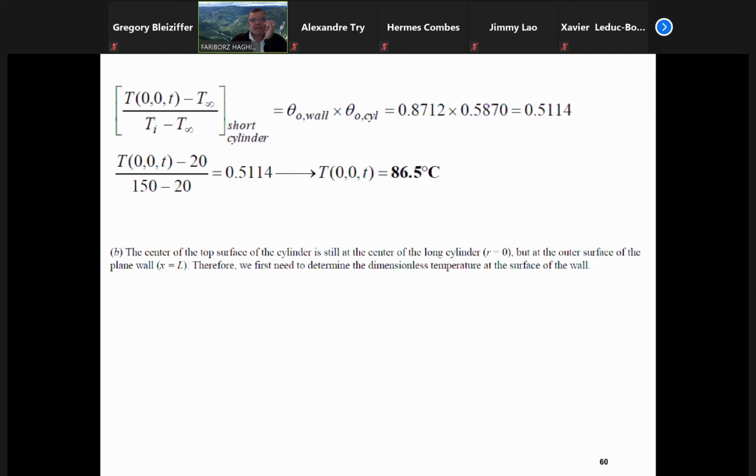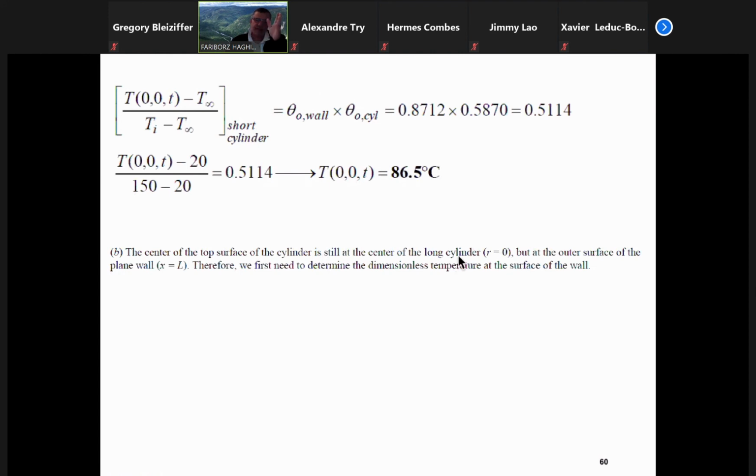Now, the second part of the question asks for the center of the top surface of the cylinder. If you have this can, you would like to find out the temperature at the top of the can, at the center of the top surface.